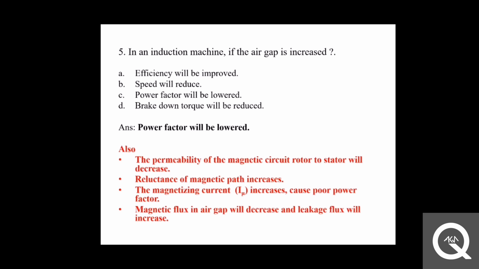This decrease in permeability causes an increase in reluctance of magnetic path, which in turn increases the magnetizing current, and this will cause a poor power factor at loads, and magnetic flux in air gap will decrease and leakage flux will increase.